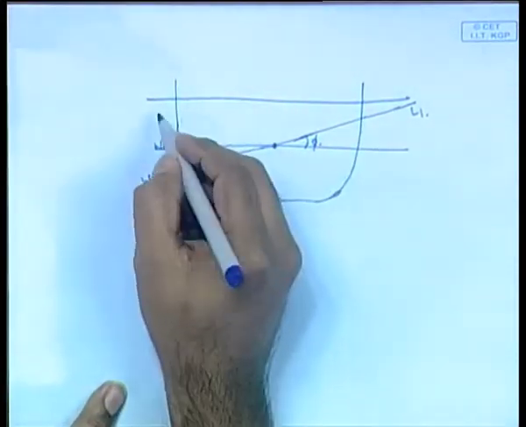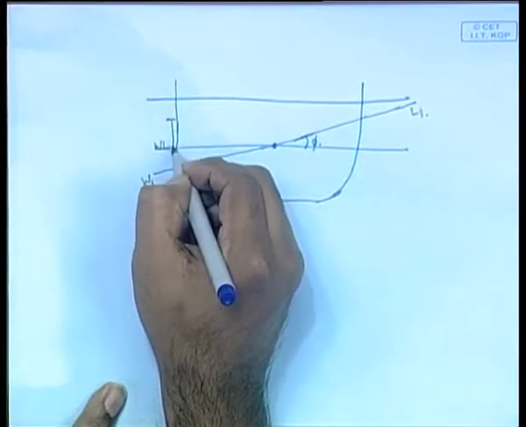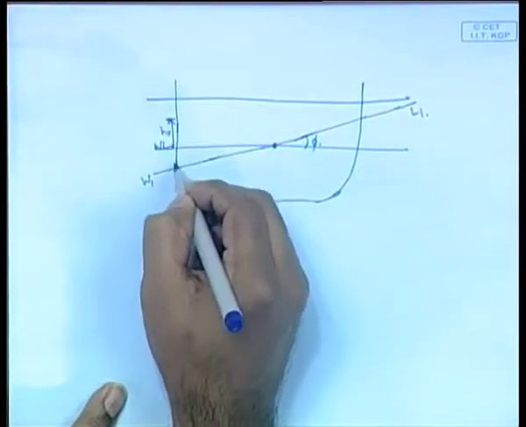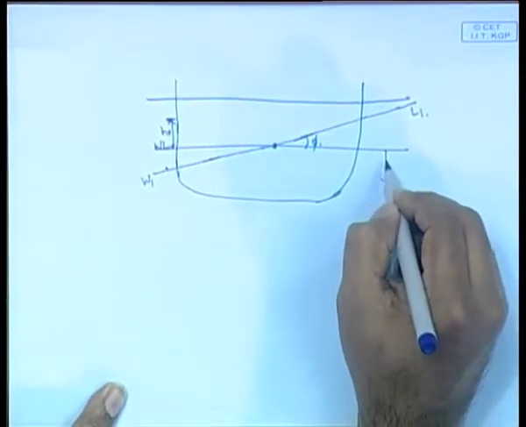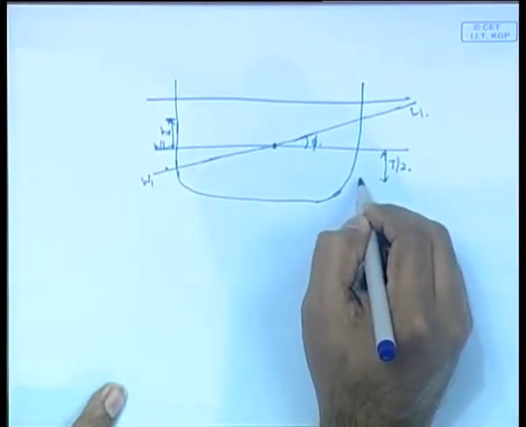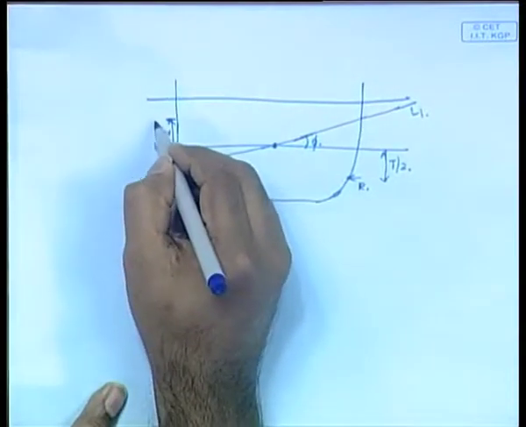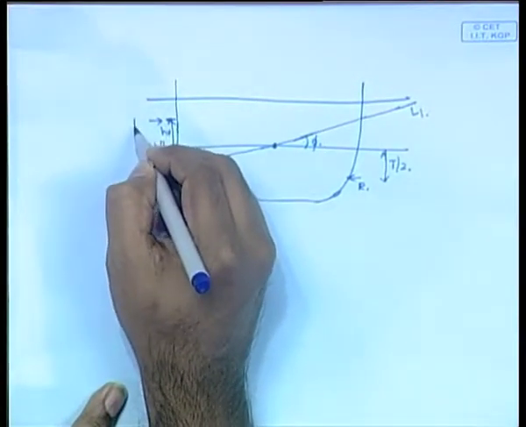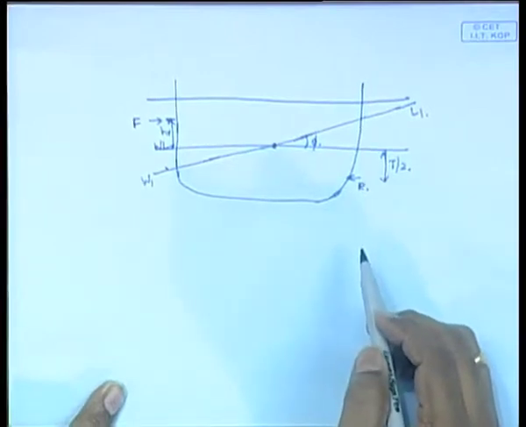Then this distance is Hv, this distance is T by 2. At this point the R acts. R is the reaction force from the water. At this point F acts. This is the force from the wind, and R is the reaction force from water. So, these two forces act.